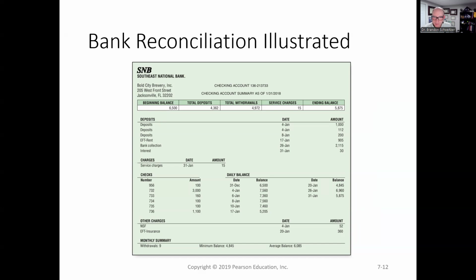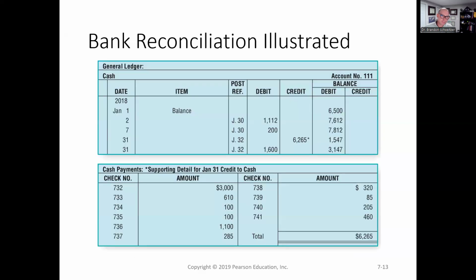And we also have some non-sufficient funds, insurance expense, etc. So what we need to do here, based off of this bank statement, is make our adjusting entries accordingly in order for us to match our accounting information system to our bank statement.